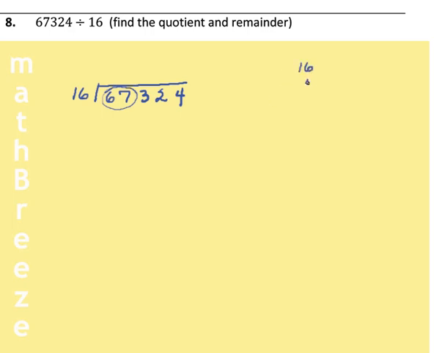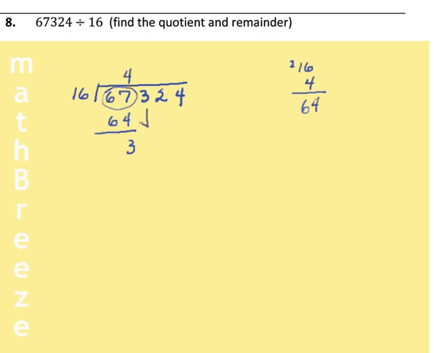16 times 4. 4 times 6 is 24. 4 times 1 is 4, and 2 is 6. And now we subtract, and we have 3.